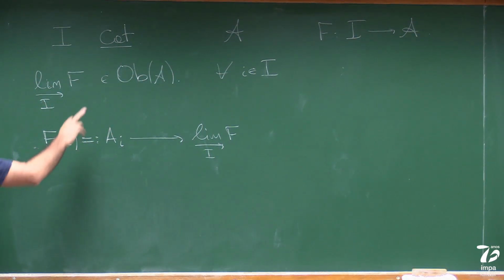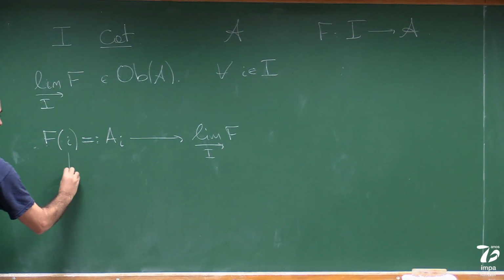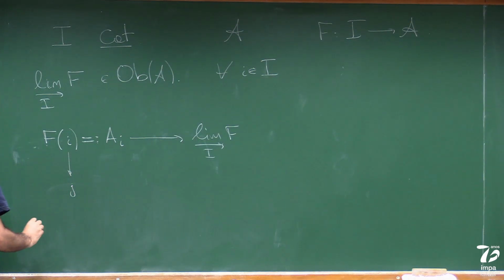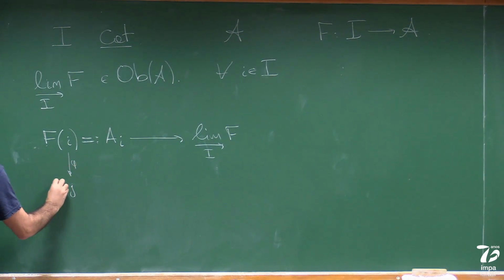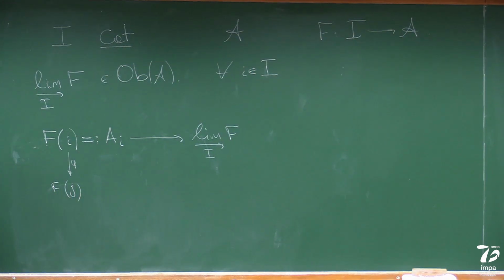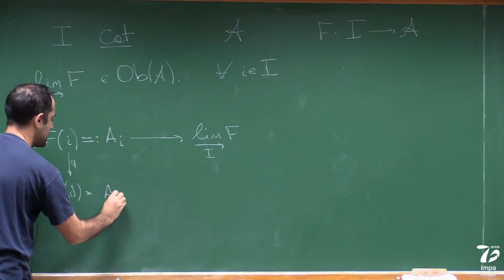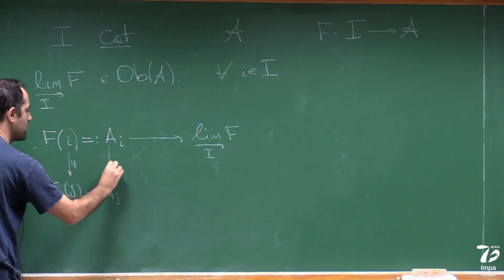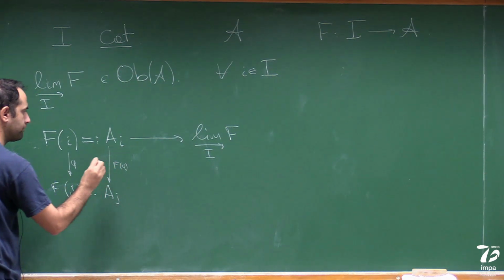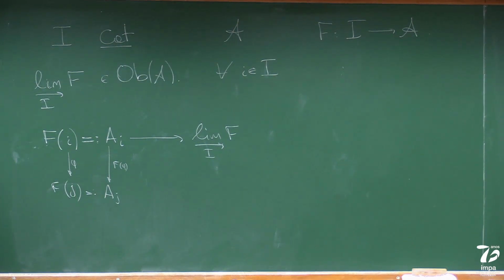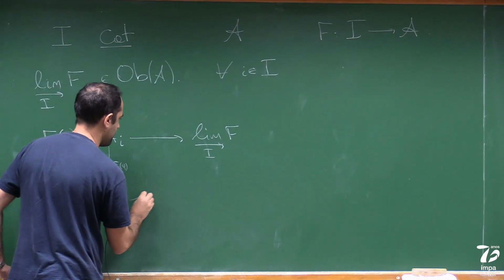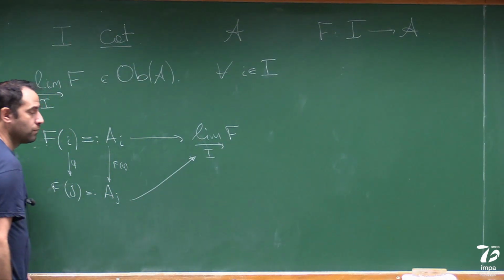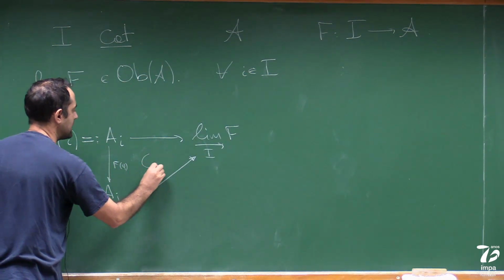Now, if you give me an arrow in the category I, then you can apply your functor F to that arrow. So this by definition is A_j, and you have this arrow here, which is F of phi, and you have this map here which I'm requiring to exist, and I will require that this diagram commutes.